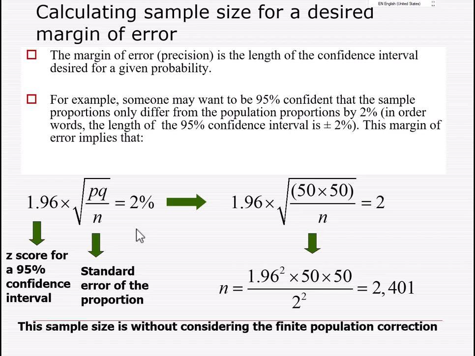So say someone may want a 95% confidence interval, and they may want a 2% margin of error. Based on a 50% proportion of yeses, your estimate would be 50% plus or minus 2%. Therefore, the margin of error of 2% equals 1.96 times the standard error, which is the square root of p times q divided by n.